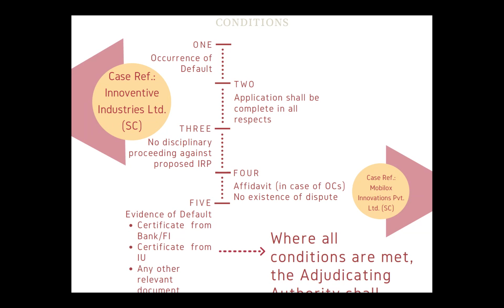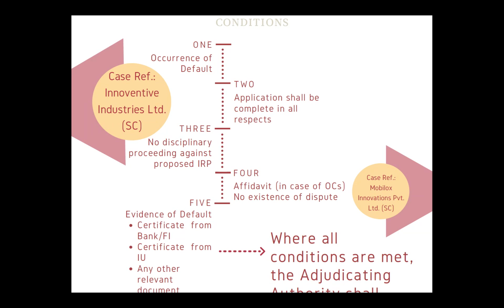Now condition number 4 is exclusively for operational creditors. As I said, in the Mobilox Innovations Private Limited case, they discussed in detail the existence of dispute, which we covered in the earlier slide. Where you believe there is no existence of dispute, you have to give an affidavit that there is no existence of dispute.